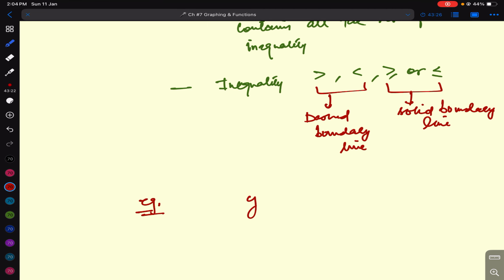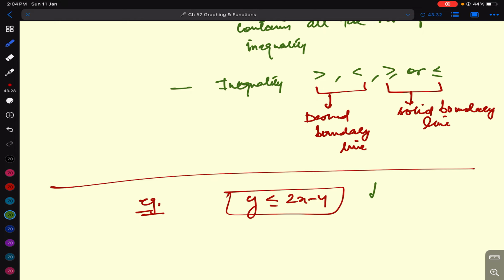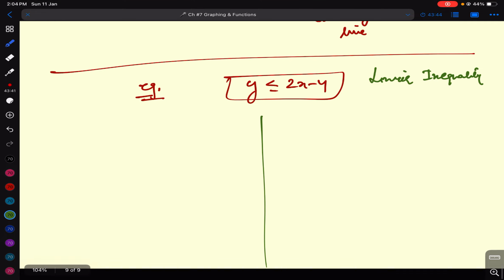Okay, I'll give you the example and that will make it more clear. Now let's take the example of y less than or equal to 2x minus 4. This is given as your linear inequality. In the linear equation that we have studied, we had an equality sign, but here we have less than or equal to, right? The graph will be figured out in the same way as for the linear equation, using the x and the y-intercept.